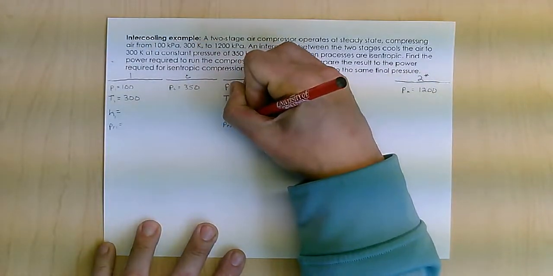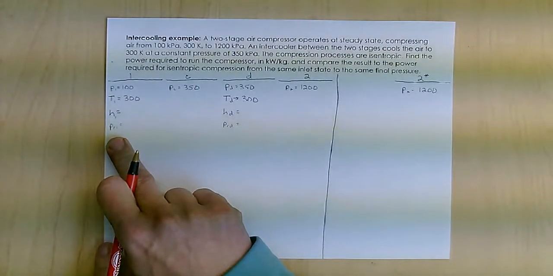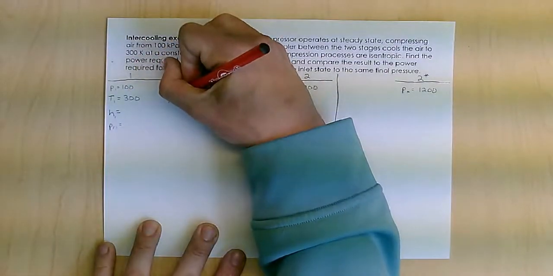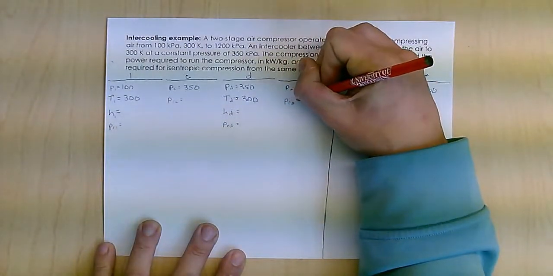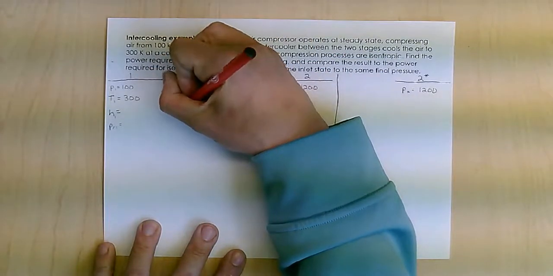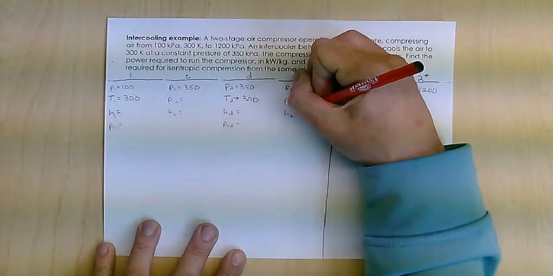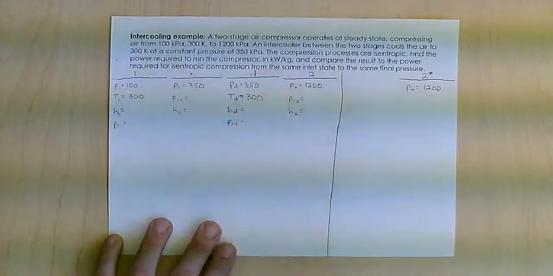I'll look up my relative pressures, use them to find the relative pressure at C and at 2, and then from that look up my H value at C and H value at 2. Once I have those, I can figure out the work done. So I'm going to start with that.